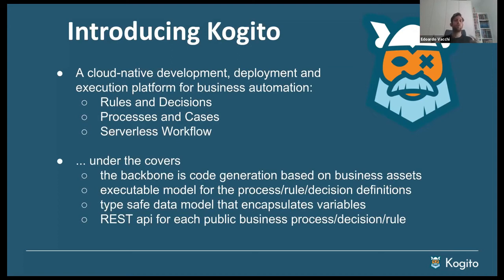We support rules and decisions and processes and case, and of course, and this is the new kid on the block, and that's why I really wanted to talk to you about it, serverless workflow. Under the covers, it's still using our good old engines, but rethought, reimagined, and fine-tuned to make them work in the cloud-native setting at their best.